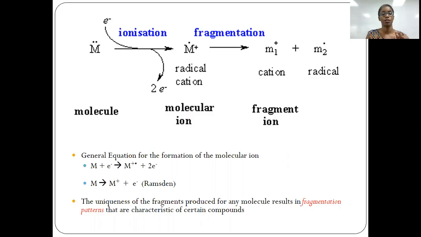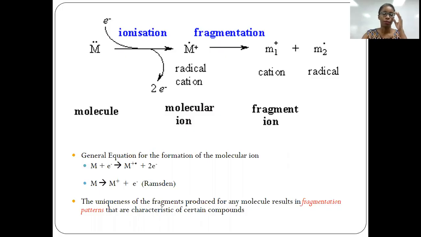So again, if you are asked for the general equation, pick either one of these. Make sure that you are balancing for charge, meaning your number of electrons are consistently balanced on both sides, as well as your M being whatever molecule it is.